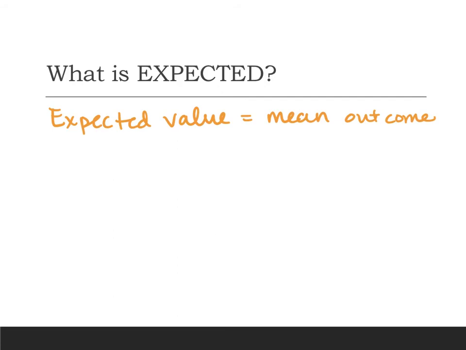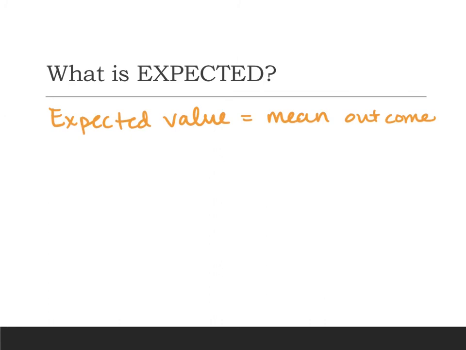Now, we've been finding the mean so far by adding everything up and dividing by however many outcomes we have. Well, if you think back to chapter 5, when we talked about our different types of probability, that would be for our empirical probability, where we have actual data. Now we need to figure out a way to find out what the expected value would be for theoretical probabilities. And so we have a way to do that. But we call it our expected value.